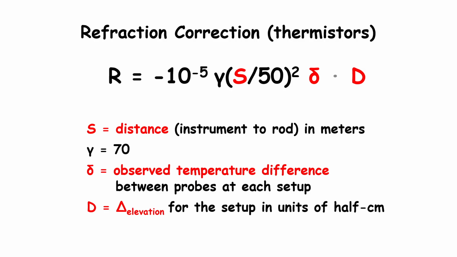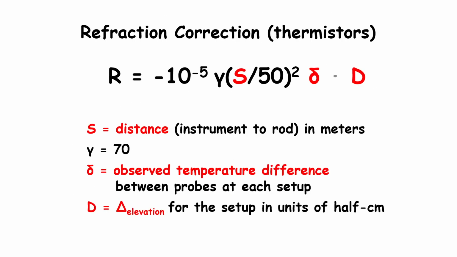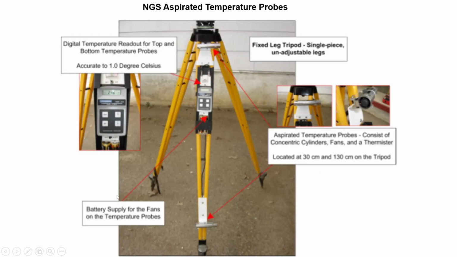We use special equipment, thermistors, for refraction correction. Refraction error does not cancel on sloping terrain with warm temperature, as we have spoken above.